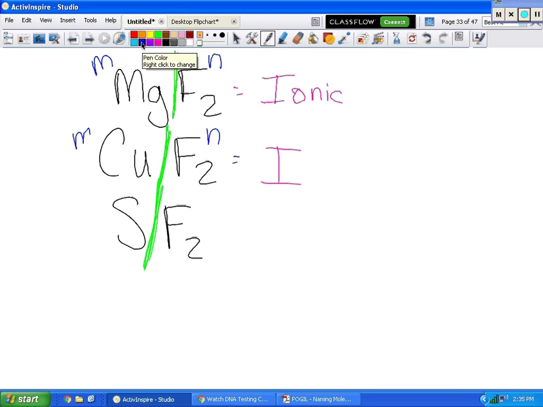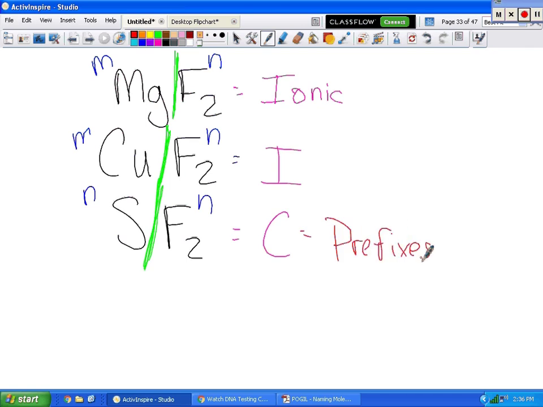It's the blue one on that one, and it's the big orange one over there. What side of that stair-step line is the S on? The right side, which tells me that sulfur is a non-metal, and we already know that fluorine's non. So what type of bond is a non and a non? Covalent, fantastic. Now, you've already done an entire sheet on all the covalent bonds. What do all covalent bonds have in them?